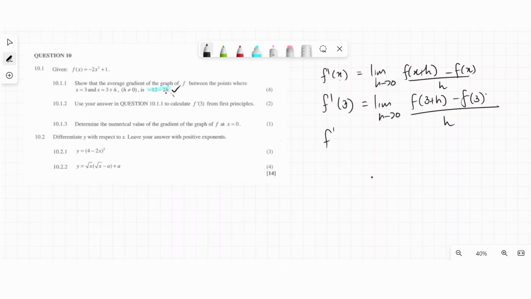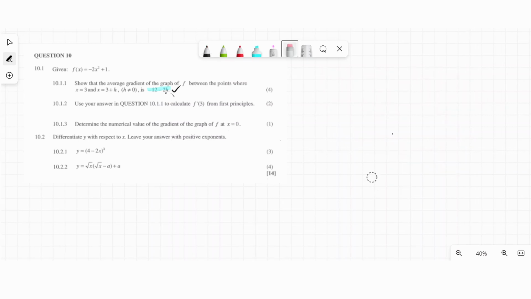Remember? So f prime is the limit as h approaches 0 of negative 12 minus 2h. Now we need to substitute the limit, which is h approaching 0. When we substitute h, the limit drops. So it's going to be negative 12 minus 2 times 0. Therefore our answer here is negative 12.